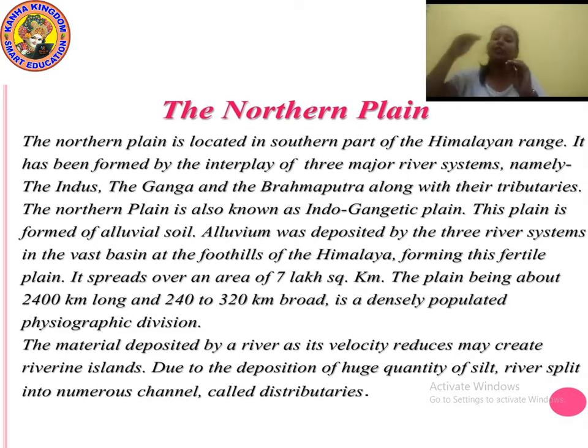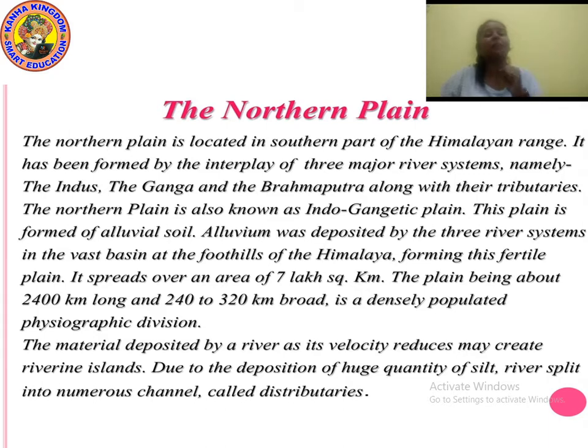Silt is what is deposited when the river is coming down and cutting through the ground, and the presence of rocks enters. At that time, the river used to split, and as the river splits, it goes in the form of distributaries. Now the big river is changing into small parts. That is called a distributary.